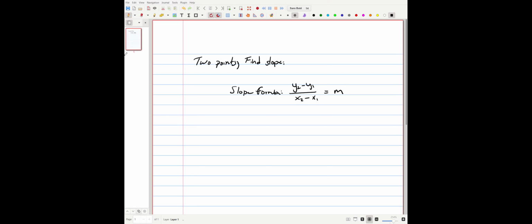And so all this is basically telling you is if you had the picture of a graph, right, and you had a point here, and you had another point here, this is the point x2, y2, and this is the point x1, y1. And so really all you're doing is taking the y's, right, and subtracting them from each other. So you're taking this y and subtracting it from that.